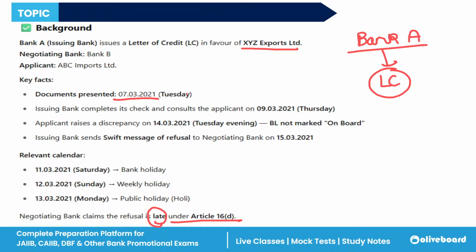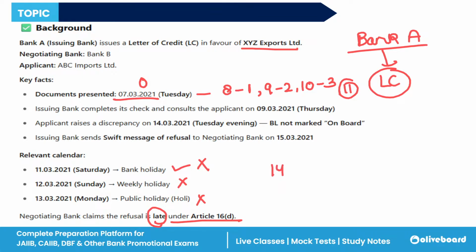So if we count 5 banking business days, 7th is day 0, 8th is day 1, 9th is day 2, 10th is day 3, 11th is Saturday, non-working day, not counted, 12th not working, not counted, holiday, not counted.